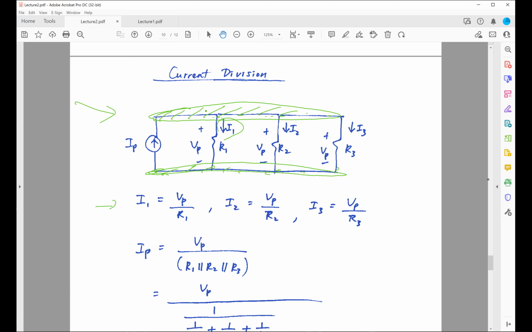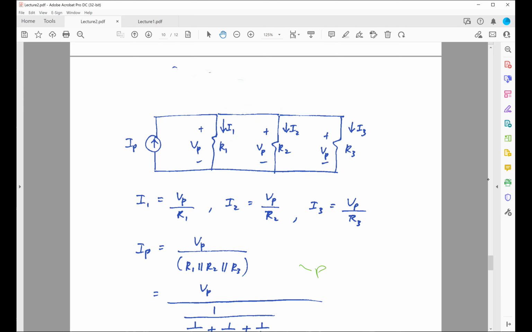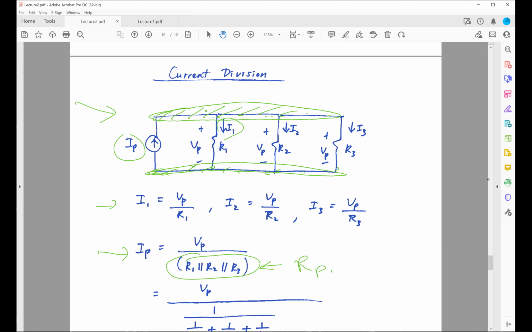This is my IP. IP is equal to Vp divided by Rp. Remember, Rp is my equivalent parallel resistance, simplifying R1 in parallel with R2 in parallel with R3.